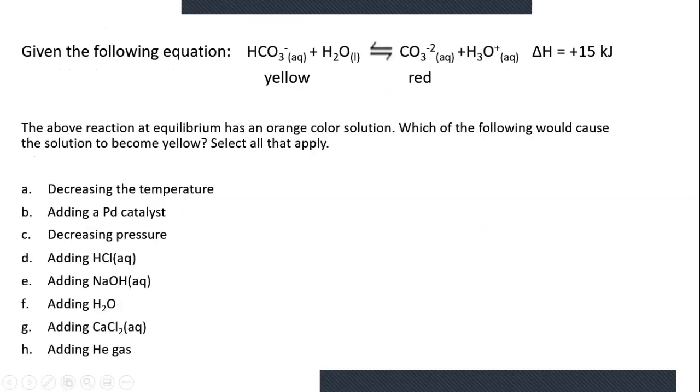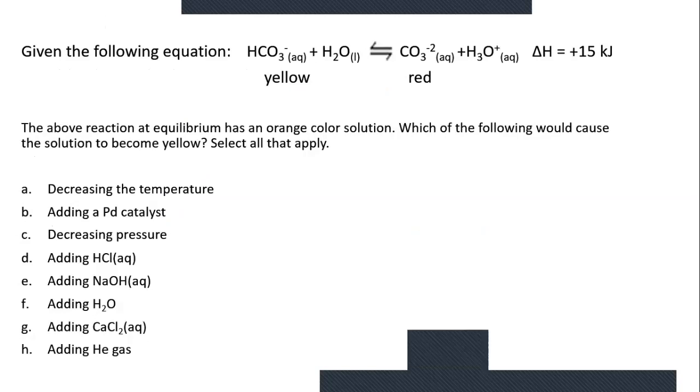Here we have another equilibrium equation. The reactant side is yellow, bicarbonate plus water. The product side is red, carbonate and hydronium ion.